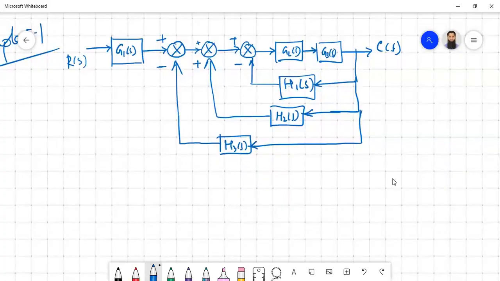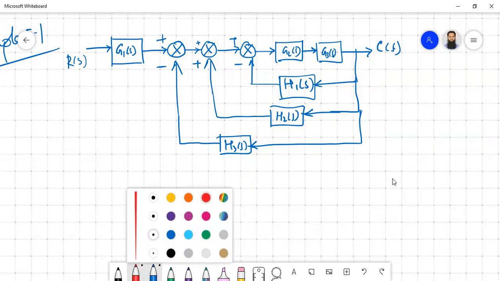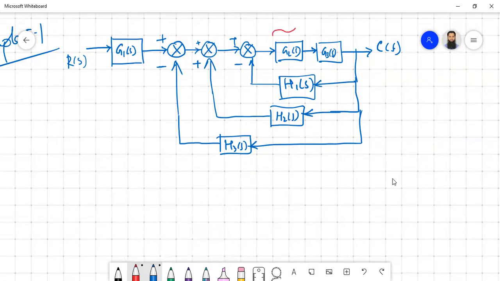If you are given any problem, the first thing you have to see is whether any familiar form is available or not. This is what you have to identify first, and then you start applying. The first thing you can see is that these two are in cascade form, so they can be multiplied together.